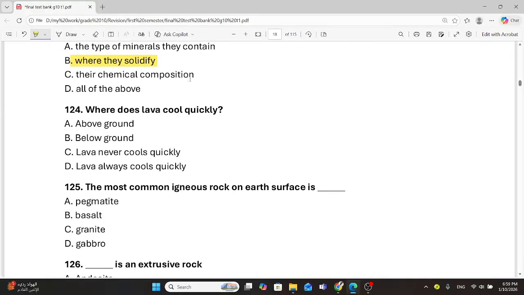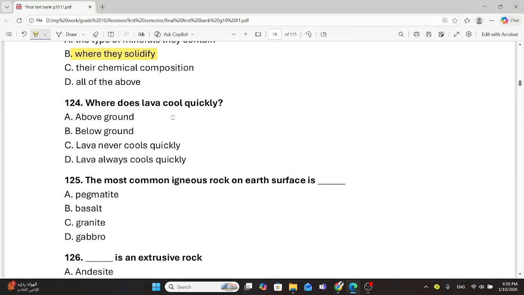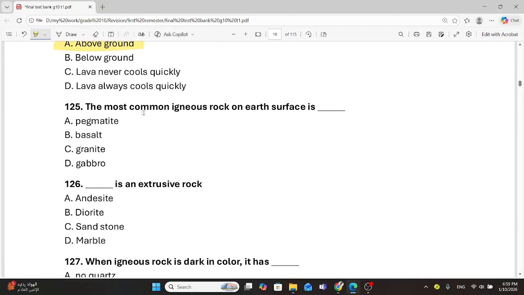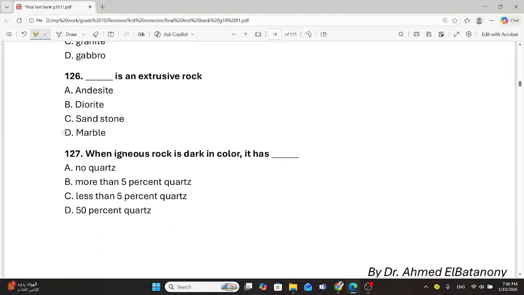Where does lava cool quickly? Lava cools quickly above the ground, because we said lava is above the earth. The most common igneous rock on Earth's surface is pegmatite, basalt, granite, or gabbro? Basalt. Andesite is an extrusive rock example.